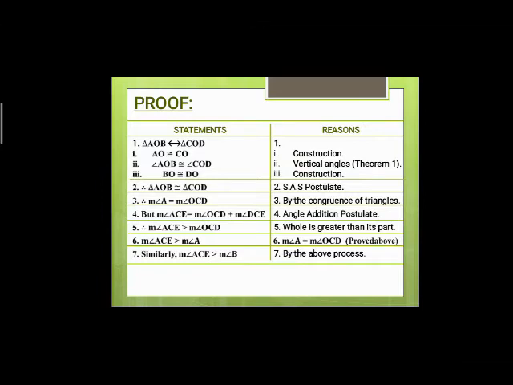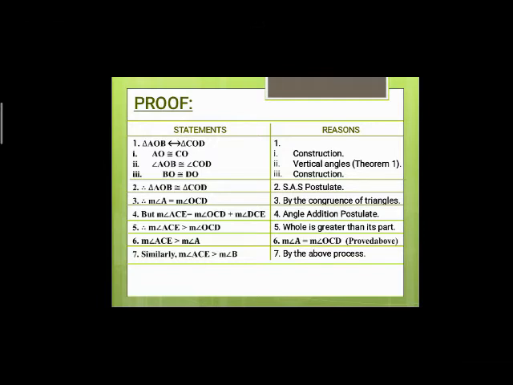So for proving that triangle AOB is congruent to triangle COD, with the help of these three points, by the side angle side postulate, we say that both the triangles are congruent. And by the congruency of these triangles, we also say that the measure of angle A is equal to the measure of angle OCD.